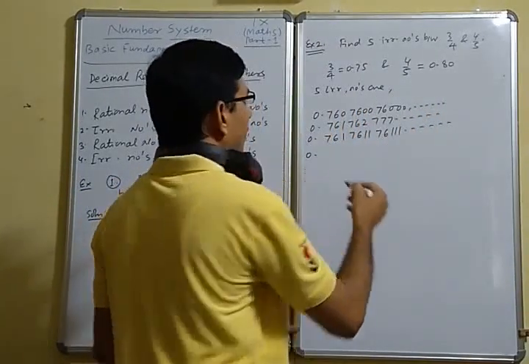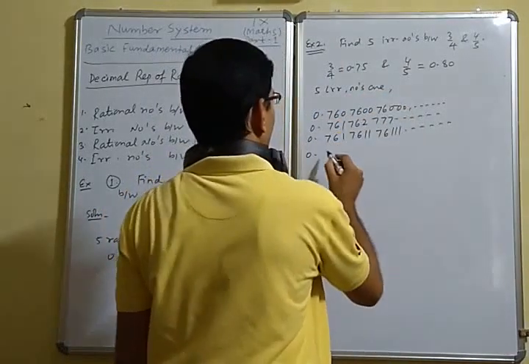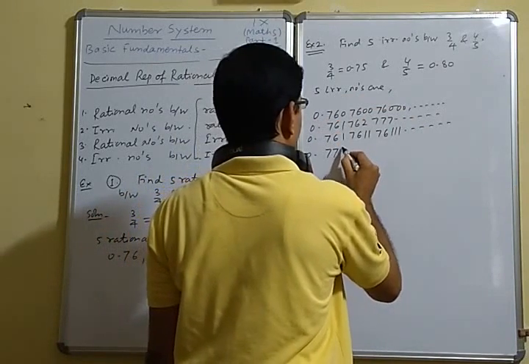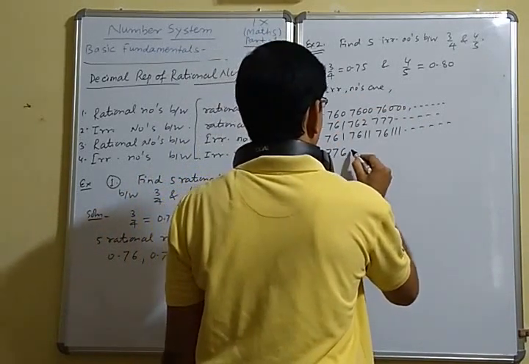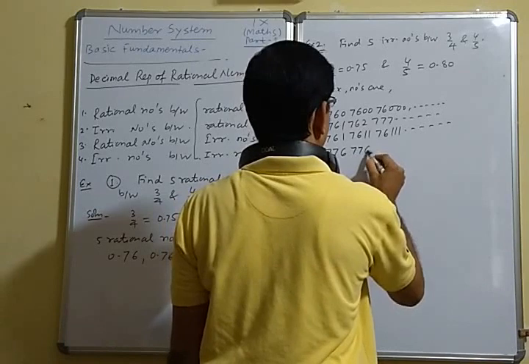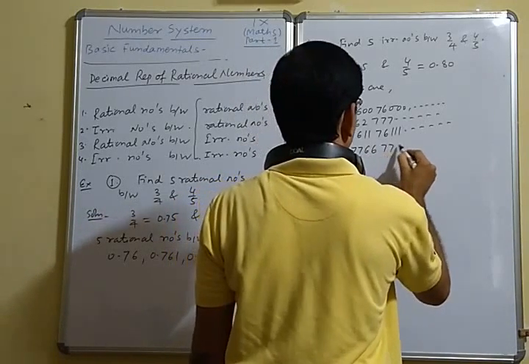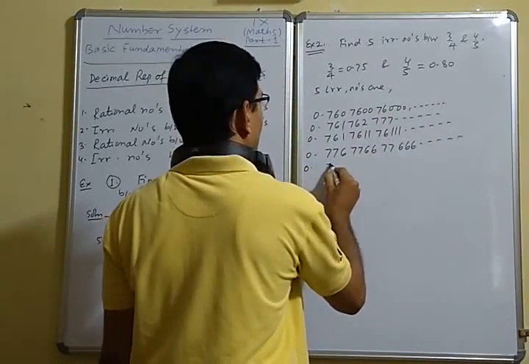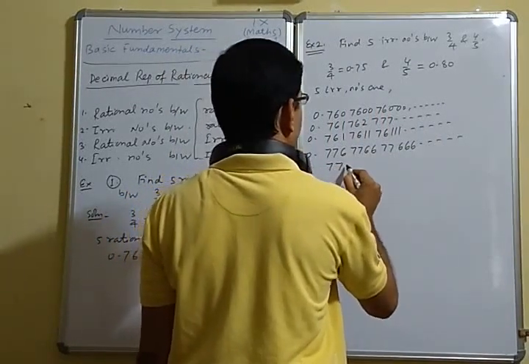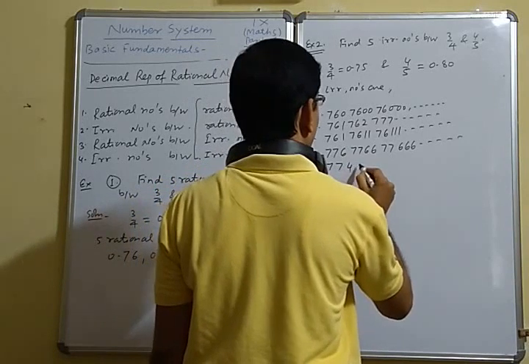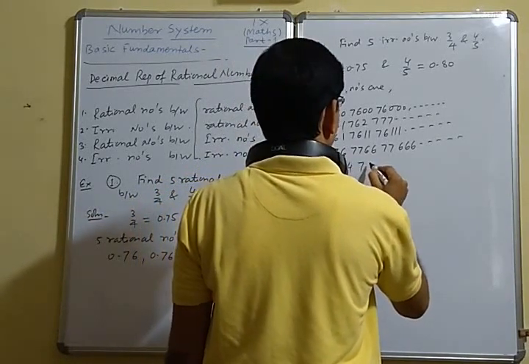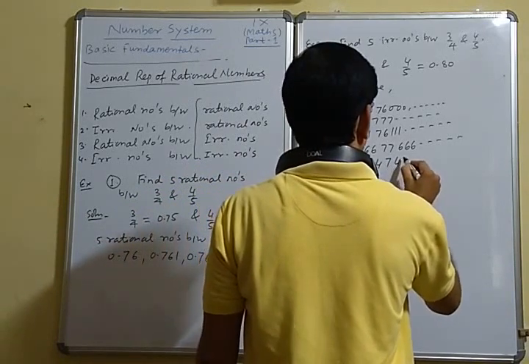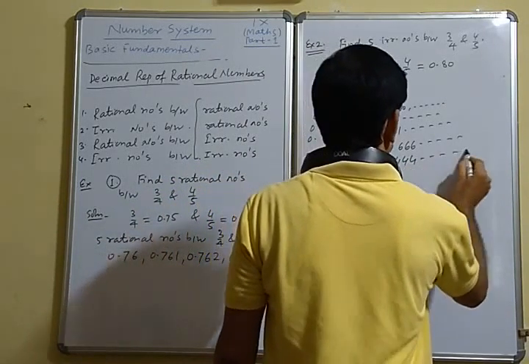Next, 0.77, 0.7766, 0.77666, and so on. Then 0.774, 0.7744, 0.77444, and so on.